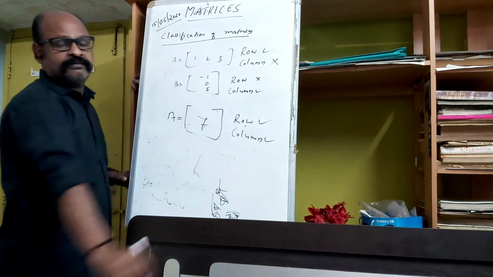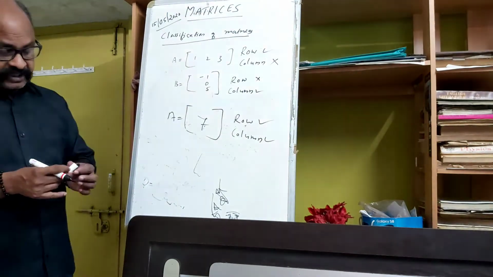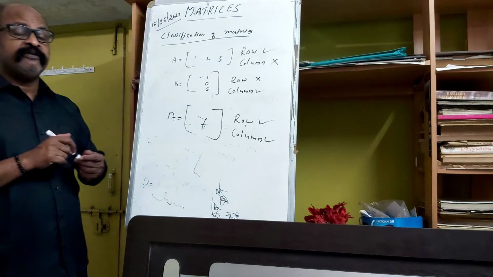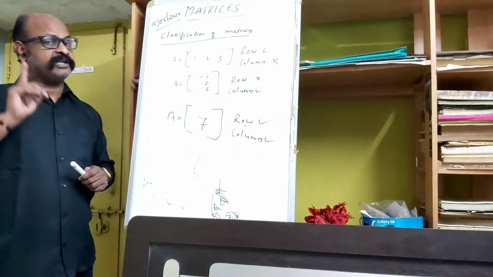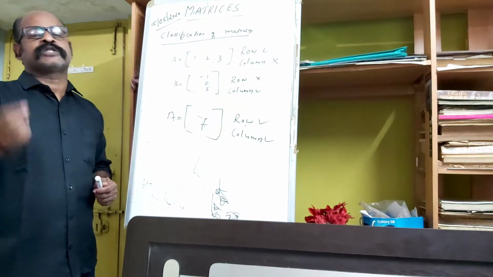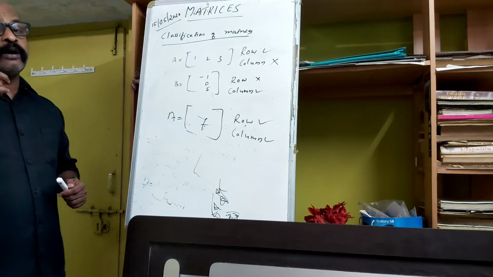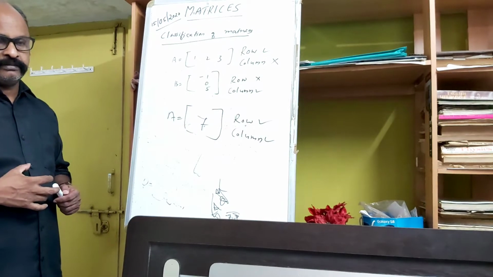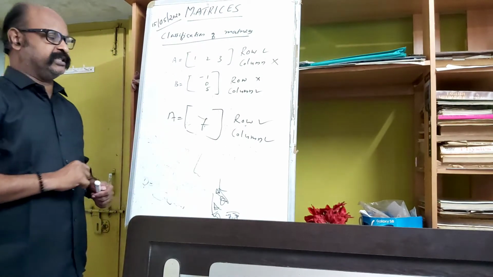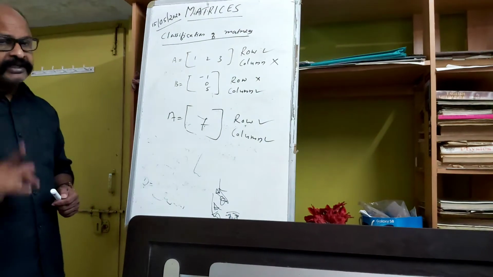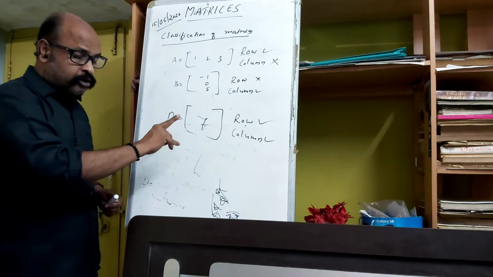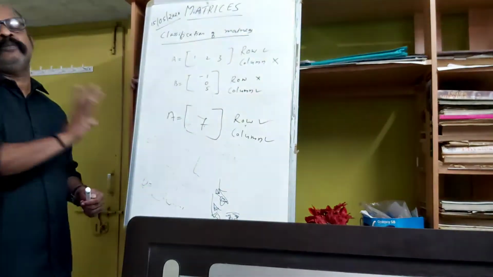column matrix. So what we were searching for is a matrix that is a row matrix as well as a column matrix, and our search reached the answer that a matrix having only one element is a row as well as a column matrix.